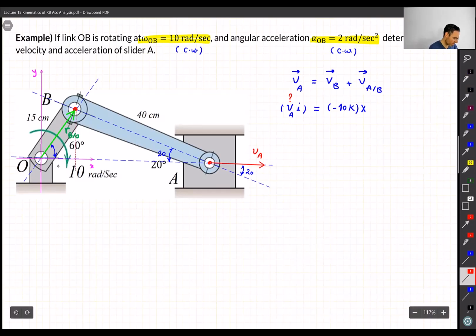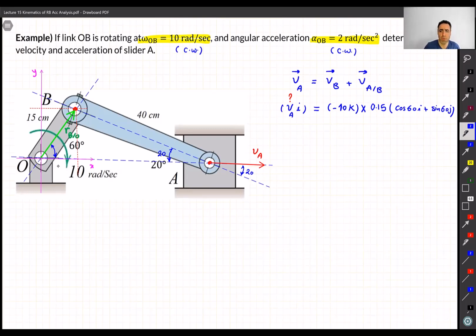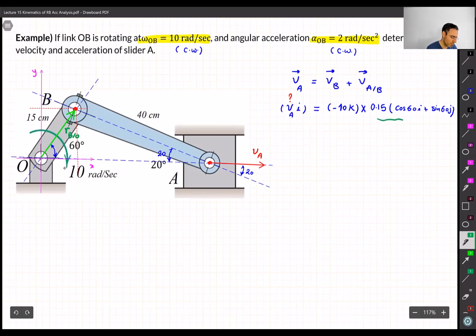So if I break it down to X and Y, then can I simply write down here, let's convert it to meters, 0.5 cosine 60 I plus sine 60 J. I give you a moment to see if I haven't made any mistake. So this is the R B with respect to point O. And this is what we need for calculating velocity of B.